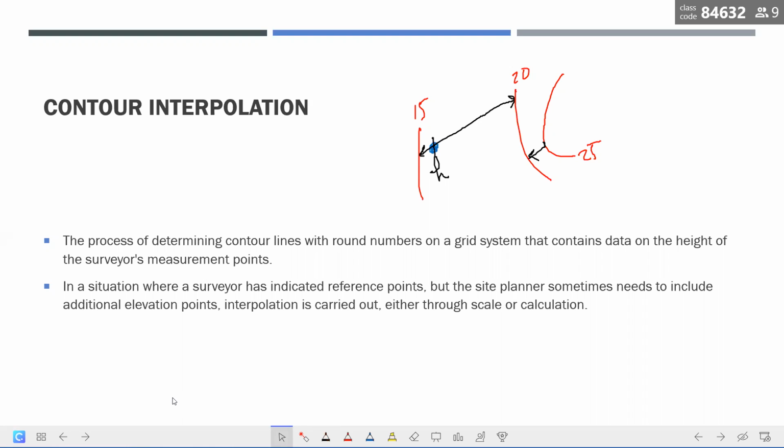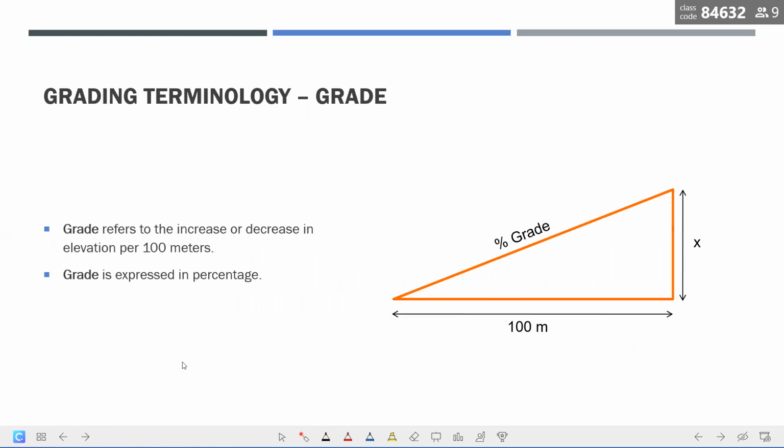Now we get to the more fun part, where I introduce to you grading terminology. First of all is grade. Grade refers to the increase or decrease in elevation, the difference in elevation per 100 meters.